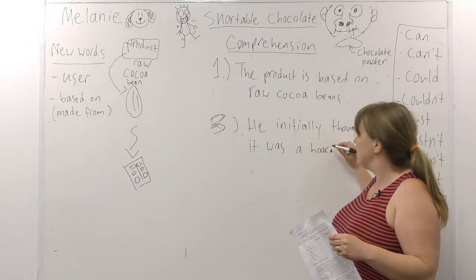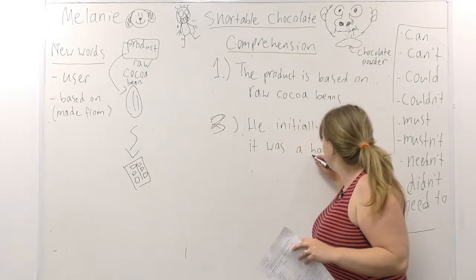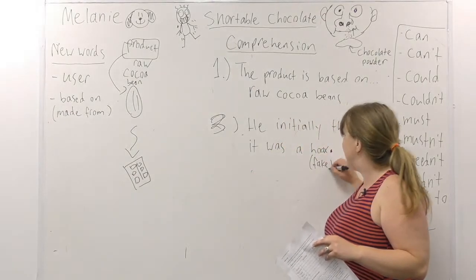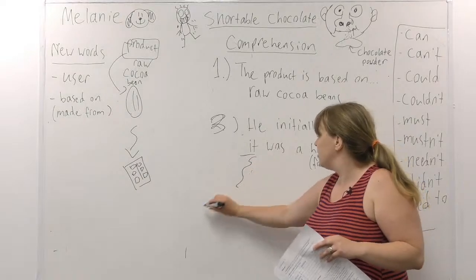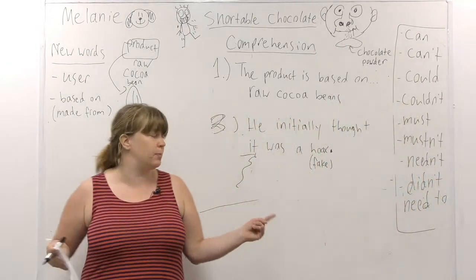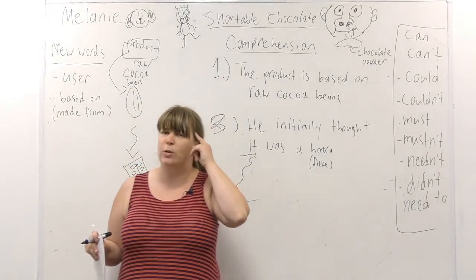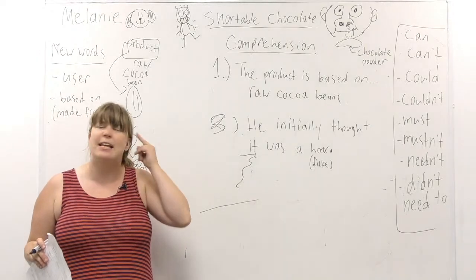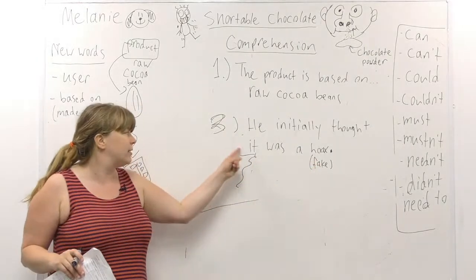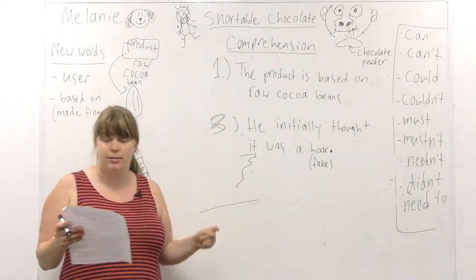Oops, hoax. So remember, hoax means like fake, not real. Now, what is it? What is he talking about? What does he mean? He initially thought it was a hoax. At first, he thought it was fake. What is it? What is he talking about?